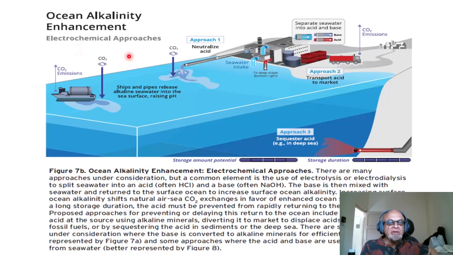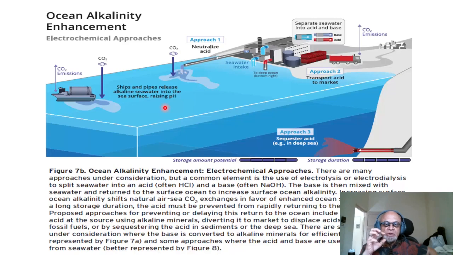You have electrochemical approaches. So ships and pipes release alkaline seawater into the surface, raising pH, and the ocean has a buffering ability to try to keep pH at a certain level, which it has done for millions and millions of years.